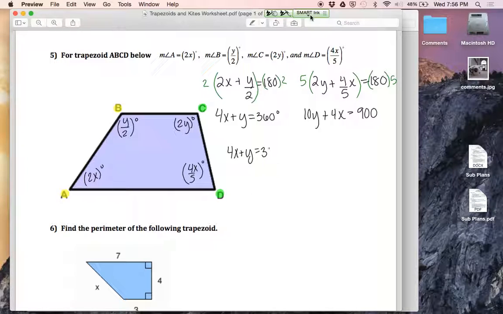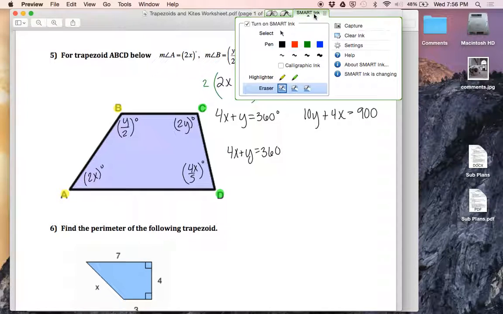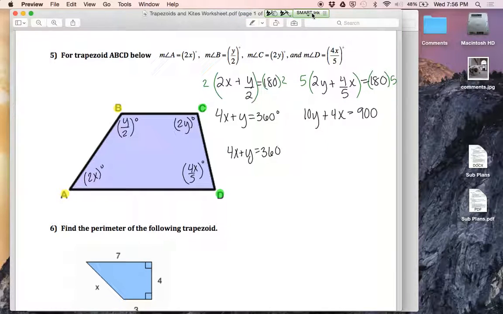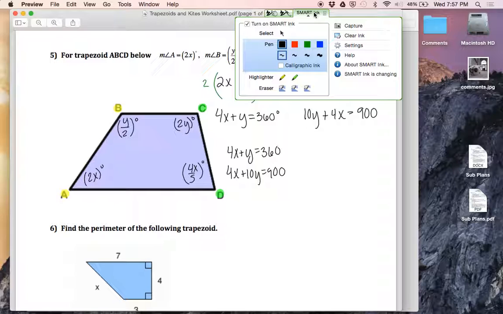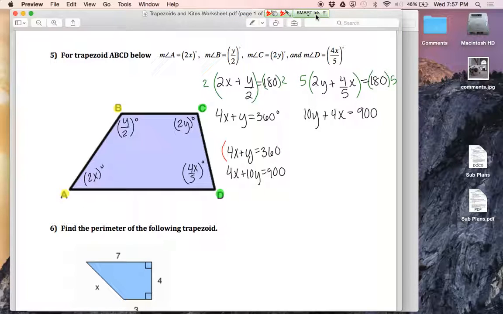I'm going to put them one on top of the other. 4x plus y equals 360. And we line them up. 4x plus 10y equals 900. Now what I'm going to do is multiply this top equation by -1 so that I can eliminate the 4x, because I'm choosing to do elimination instead of substitution.